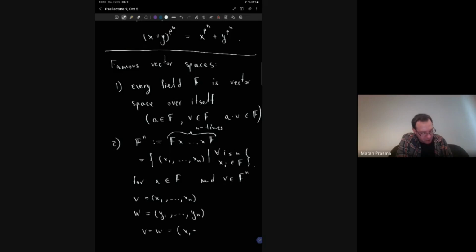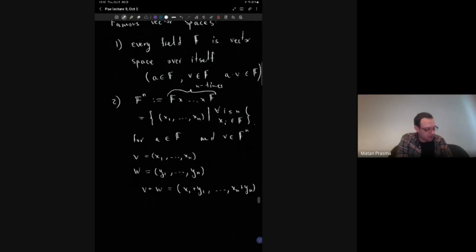So this is x1 plus y1 up to xn plus yn. And for a scalar A, you do AV as simply Ax1 up to Axn. Okay? And of course, the zero vector, 0 in Fn, is the vector with all the coordinates being the zero element in F.